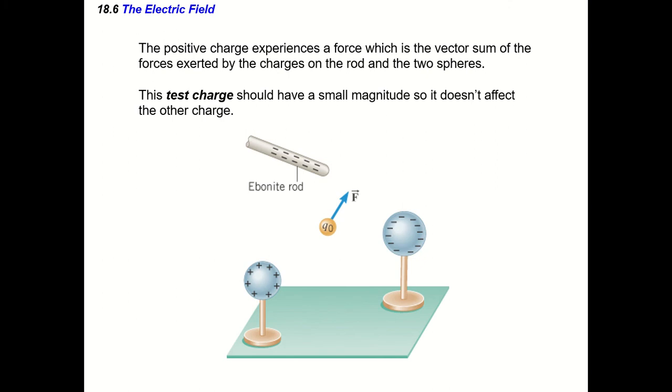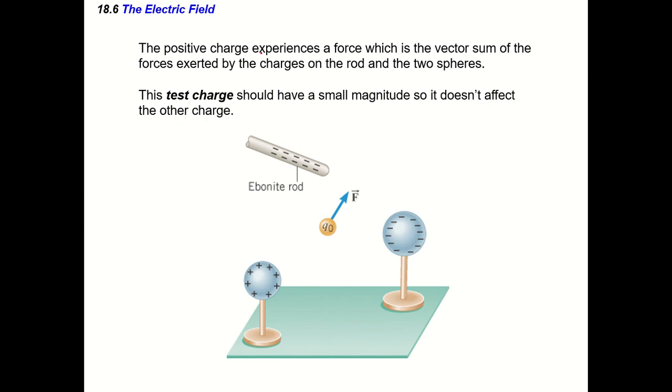The positive charge experiences a force which is the vector sum of forces exerted by the charges on the rod and the two spheres. This test charge should have a small magnitude so it doesn't affect the other charges. So we have here an illustration.